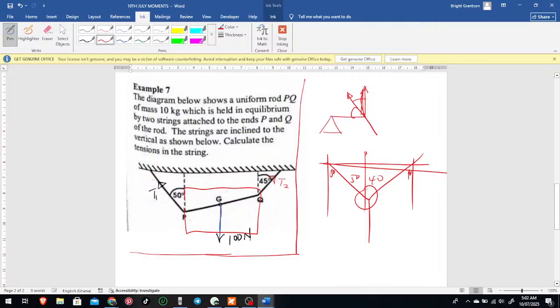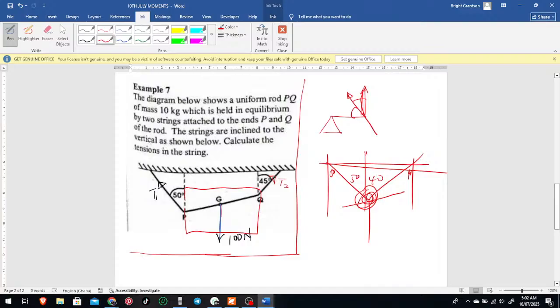But this time around, it's not just a straight object or a round object. I'm saying that, see this line PQ as a very big object, just like how we've been doing it in Lami's theorem.